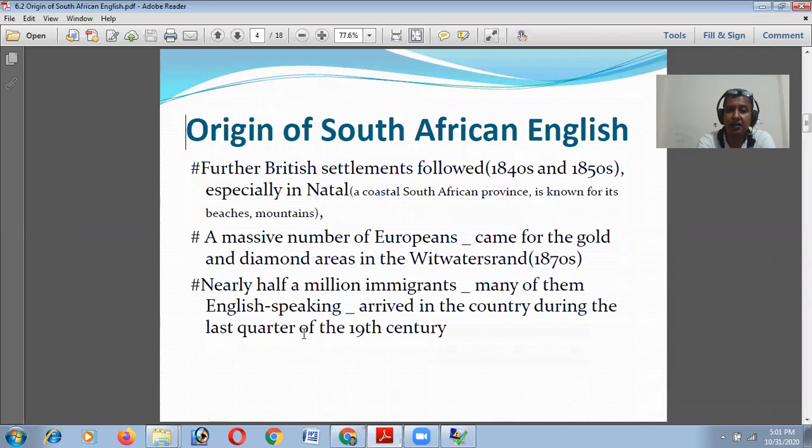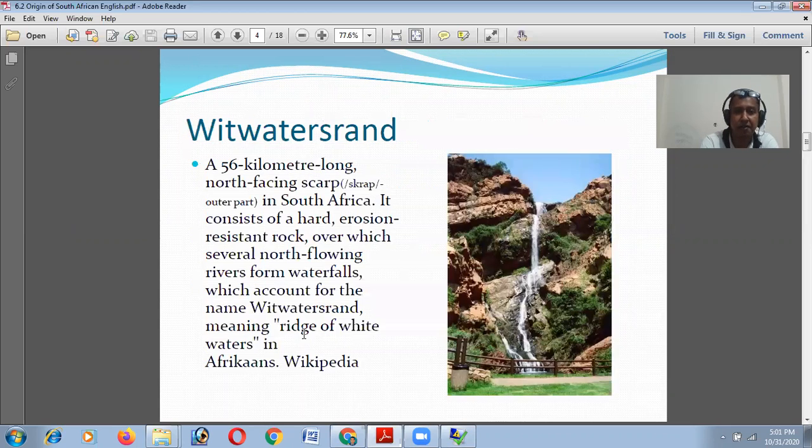Nearly 500,000 immigrants, many of them English-speaking, arrived in the country during the last quarter of the 19th century. This is Witwatersrand, a 56-kilometer long north-facing scarp in South Africa.